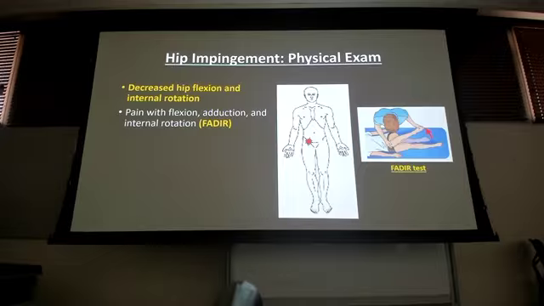You guys have practiced this before, correct? No? Never? Okay. You will practice it, and I will show you how to do it correctly versus how most people think they're supposed to do it. Because this is a dynamic motion, you're trying to actually cause that impingement and reproduce their symptoms. So this is a passive motion that you're going to do.